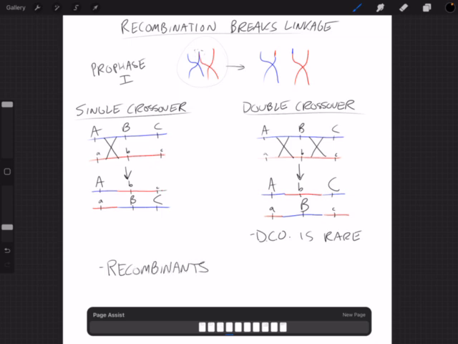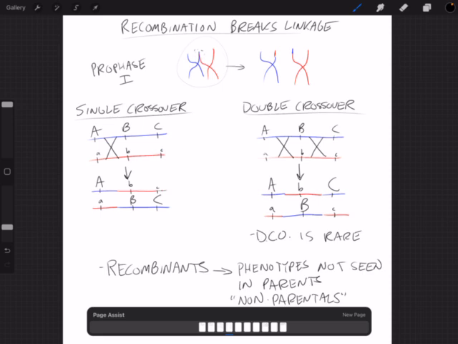The recombinants, these are going to be any phenotype combinations not seen in the parents. These will also be called non-parentals. So in this case, our parents had a combination of whatever the phenotype is of the dominant A, the dominant B, and the dominant C. Right?